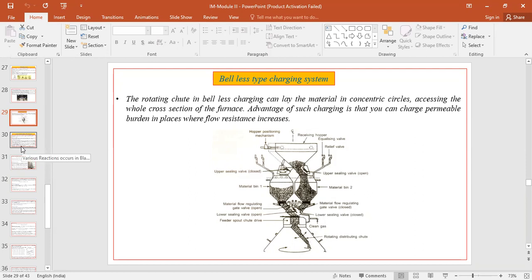We have to allow this burden to fall into the blast furnace, or distribute the burden, in such a way that this bed of solids should have very good permeability. Okay. And whatever burden we are charging into the blast furnace as a raw material for hot metal production, make sure that these burdens have good quality and good properties so that they can withstand their original size and shape, and not generate too many fines inside the blast furnace.